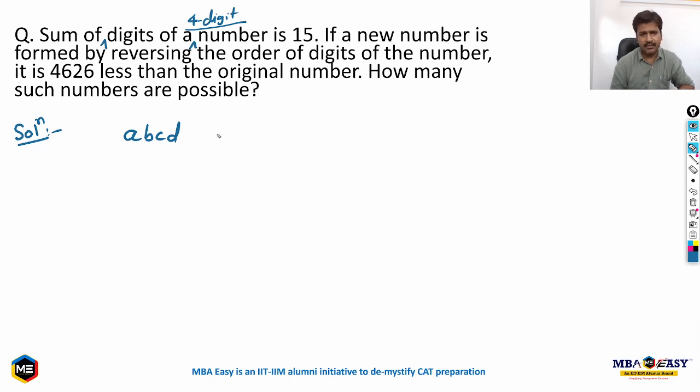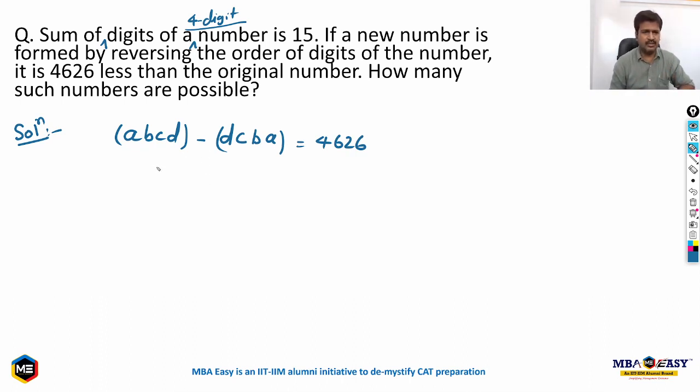Now you are forming a new number by reversing the order of digits of the number. So what will the number become? It will become DCBA. This is my new number, and this number is found to be 4626 less than the original number, which means that ABCD minus DCBA is equal to 4626.